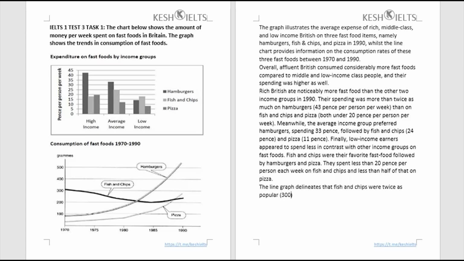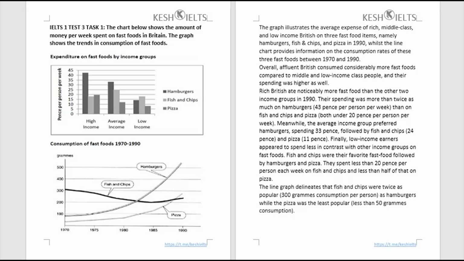As you can see, that's 300 grams per consumption, like consumption per person, as hamburgers, while the pizza was the least popular, less than 50 grams consumption. So yeah, alright, I wrote it already.